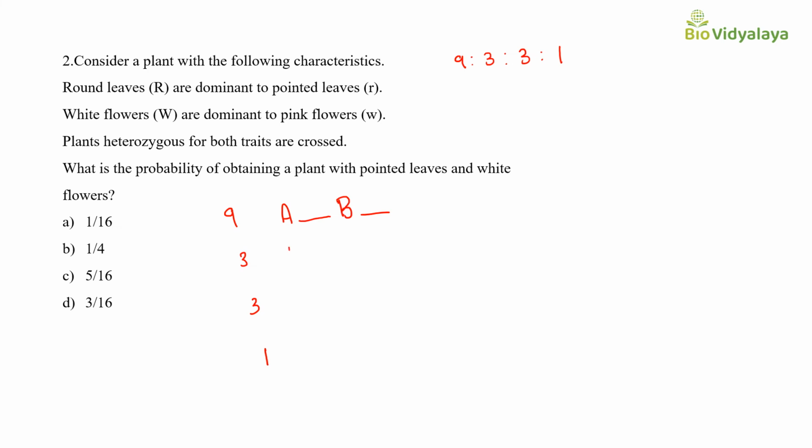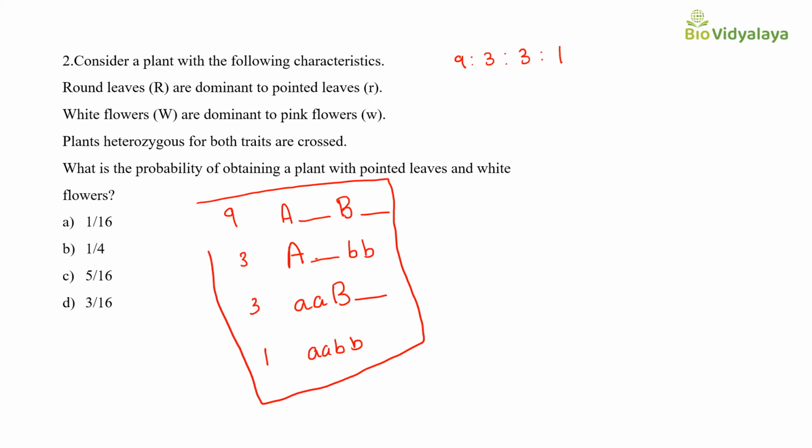Next capital A, dash, that may be capital A or small a, then small b. Next small a, then capital B, dash. This may be capital B or small b. Okay. Next small a, small b. So this is the general genotype along with the dihybrid cross ratio. You have to remember this.